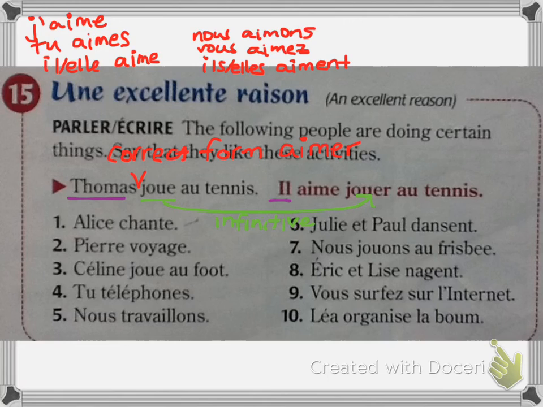Nous jouons au frisbee. Nous aimons jouer au frisbee. Numéro 8. Eric et Lise nagent. Ils aiment nager. 9. Vous surfez sur l'Internet. Vous aimez surfer sur l'Internet. 10. Lia organise la boum. Elle aime organiser la boum.